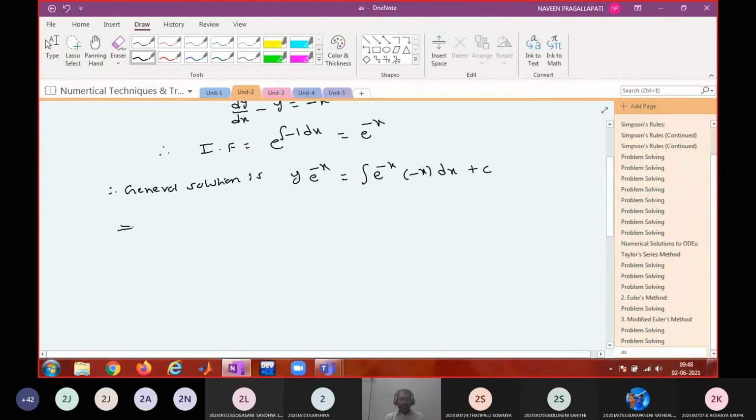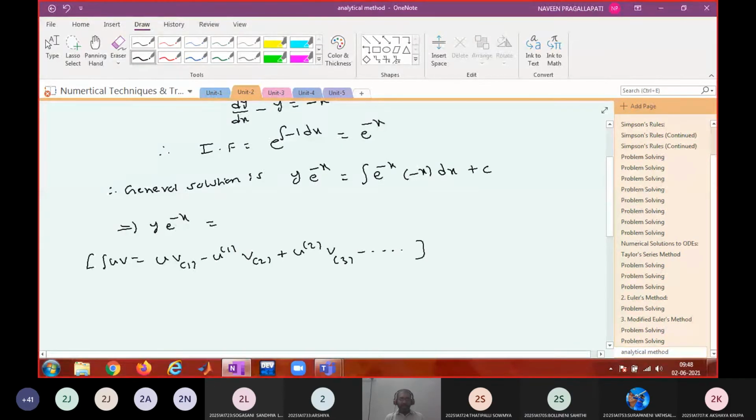So this implies that y e power minus x is equal to, apply integration by parts or the Leibniz formula. You know the Leibniz formula, right? Integral of uv is equal to u v1 minus u dash v2 plus u double dash v3, alternating plus and minus, and so on.